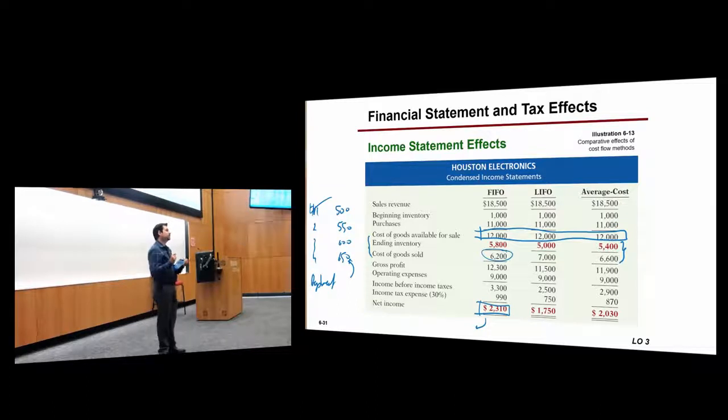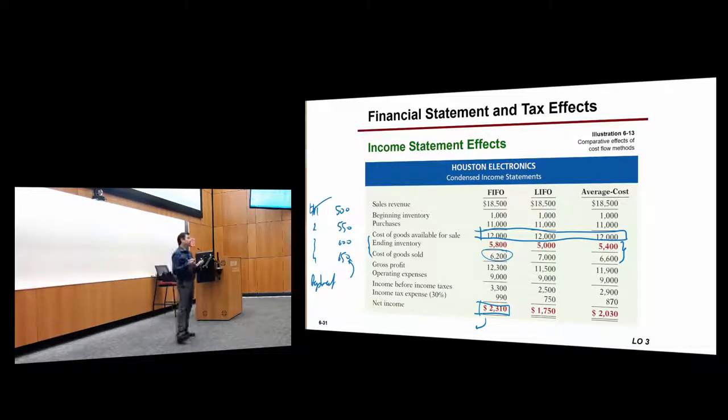Sometimes LIFO provides a better estimate, because the cost of goods sold will be closest to whatever the company will pay now to replace them.